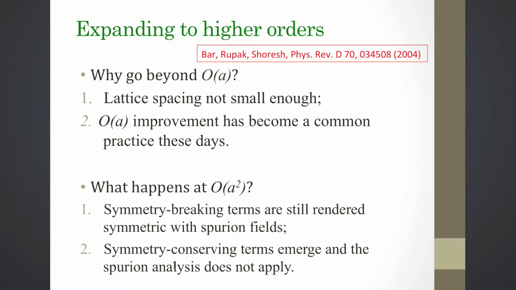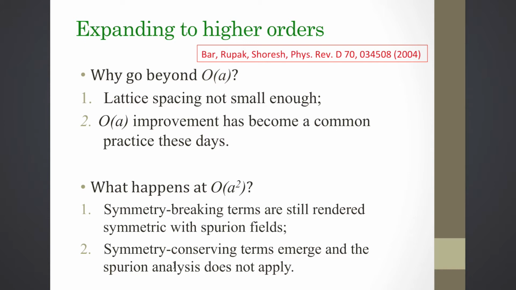First, we expect that there will be symmetry breaking terms, and we can use the spurion analysis to render them symmetric and construct our chiral effective Lagrangian. But at order a squared, there will also be symmetry conserving terms. These terms cannot be analyzed with the spurions.